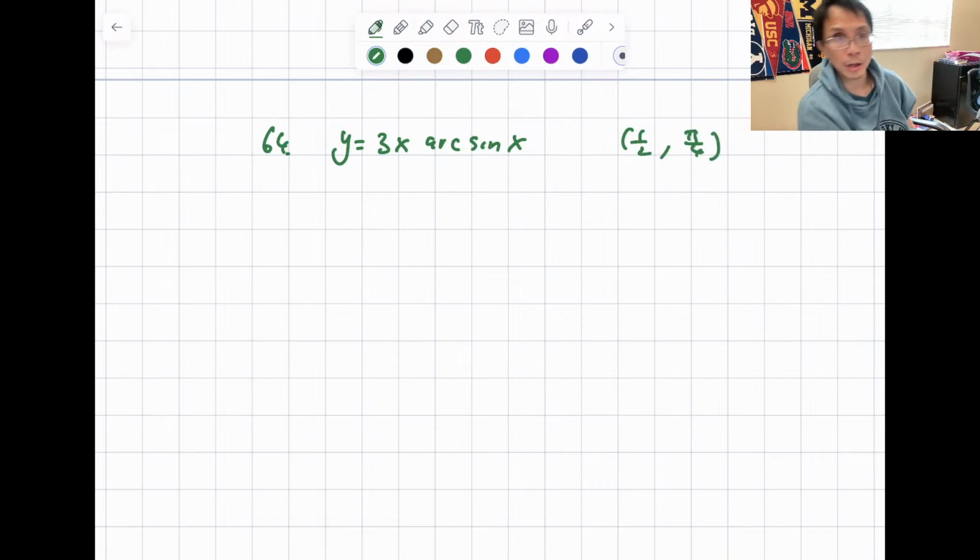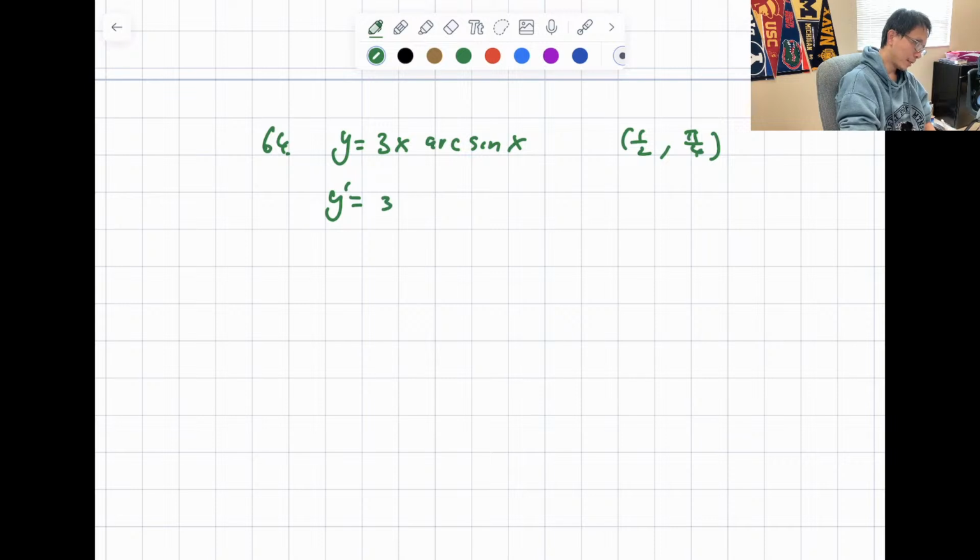All right, so I'm gonna take a derivative, but what kind of rule am I gonna use here? Product rule. Good. y prime is 3 arcsin of x plus 3x times the square root of 1 minus x squared. Is that okay?